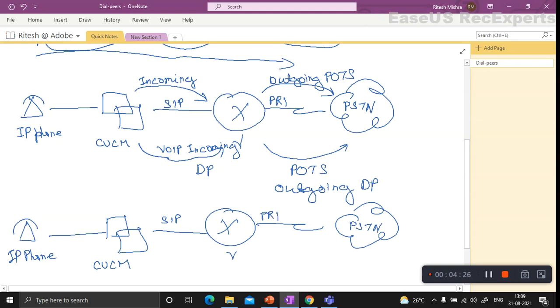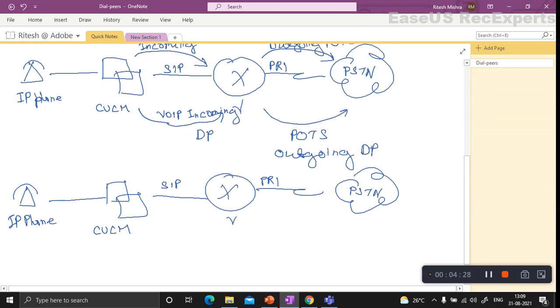So suppose we talk about an incoming call where a call is originated at the PSTN side. The call will be coming from the provider to the voice gateway, from the voice gateway VoIP interface to the call manager, right? As this is a POTS leg and the call is coming from the provider to the voice gateway, it's an incoming leg for the voice gateway.